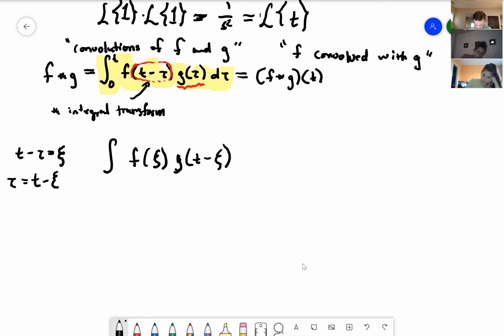If I plug 0 in for tau, I get t here. And if I plug t in for tau, I get 0 here. So it's kind of the integral going backwards. And what is the d xi? It is negative d tau. So we get a minus sign, d tau.